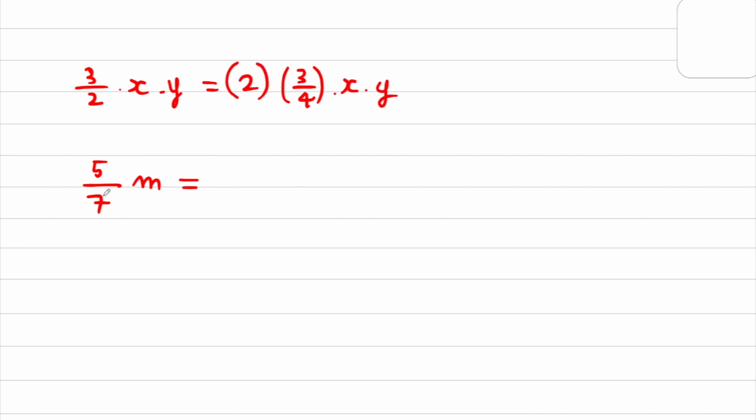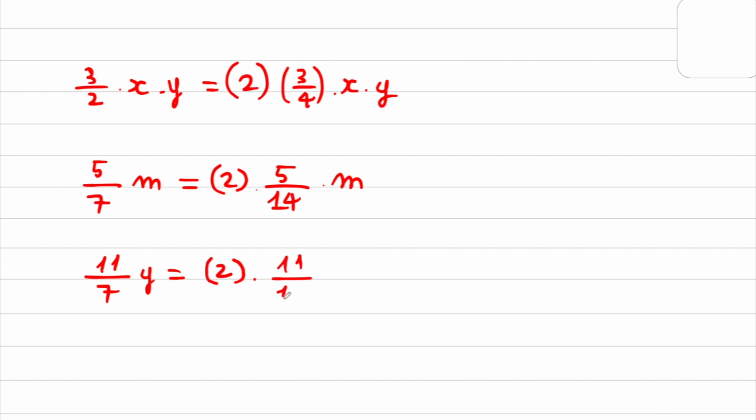And the new one will be here: you got 2 multiplied with 5 over 14 multiplied by m. That's the same idea as factorizing at the beginning of the video about completing the square. And here you got 11 over 7 multiplied by y. This means 2 multiplied with 11 over 14 multiplied by y here.